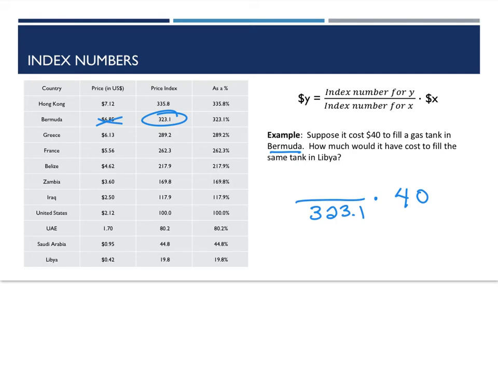I want to fill it up in Libya, I need the price index for Libya. So I'm going to go 19.8 divided by 323.1 times 40 means that gas is going to cost me $2.45 in Libya. Now there's a place to carpool from.